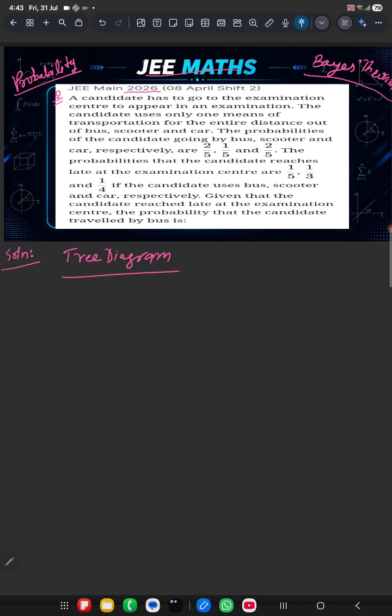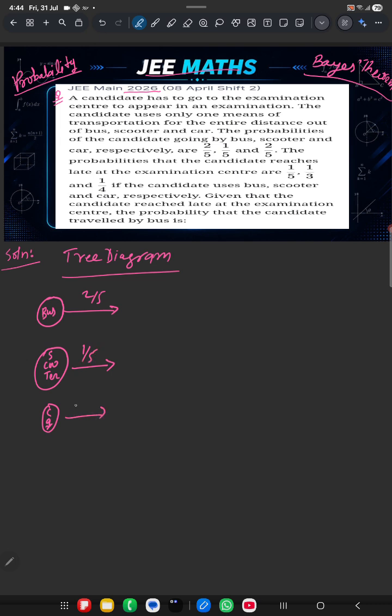So let us see the tree diagram. First of all, this is your bus, this is your scooter, and this is your car. The probability of traveling by bus is 2 by 5, by scooter is 1 by 5, and by car is 2 by 5.